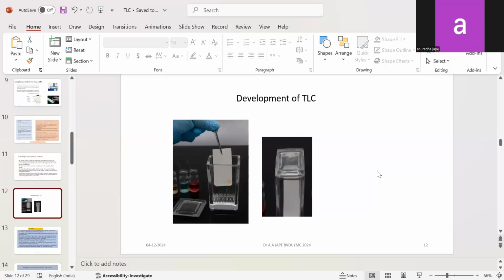So the TLC chamber is the glass container with its tight fitting lid in which you are going to pour the mobile phase and allow it to sit for some time. So the solvent system which is prepared will equilibrate the interior of the glass chamber. That is, the vapors of the solvent system will saturate the glass chamber, which is very essential.